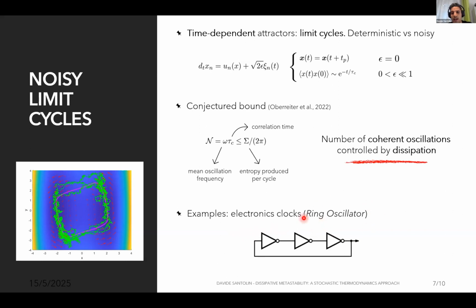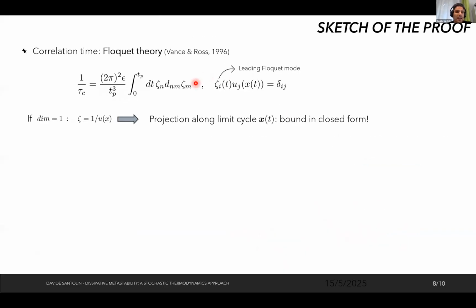So that could be an example, this minimal circuit that is the ring oscillator, a set of an odd number of inverters put in series like this. And the hard part is actually determining the correlation time. You can do it by applying Floquet theory to the Hamilton equation describing our dynamics, and you get this known result for the correlation time.